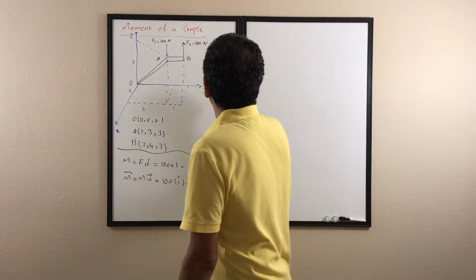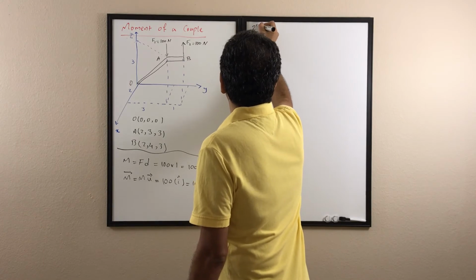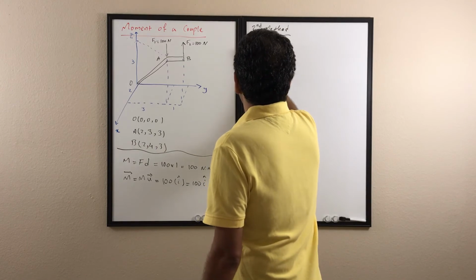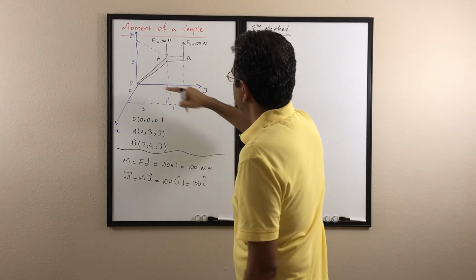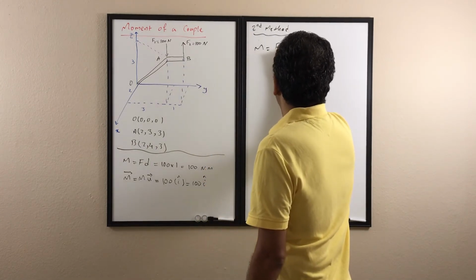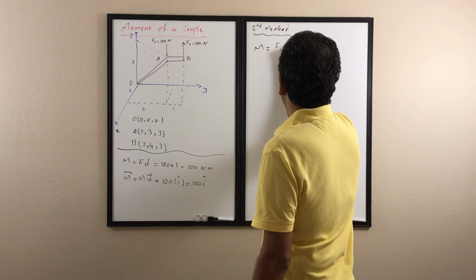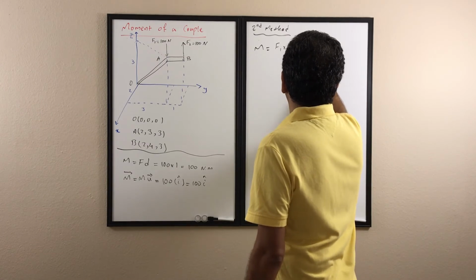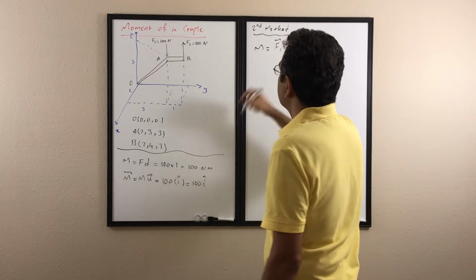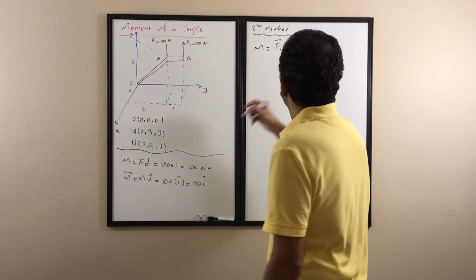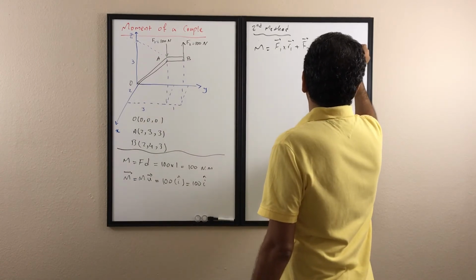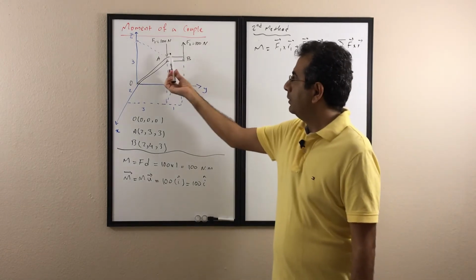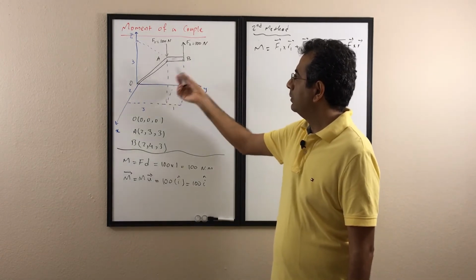So M is F1 R1 plus F2 R2. In other words, it's just sigma F R.